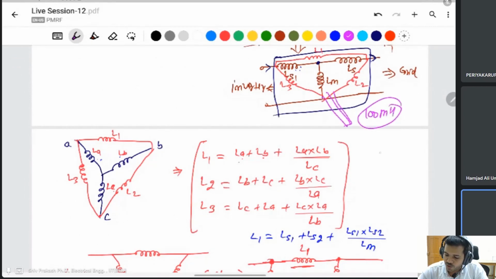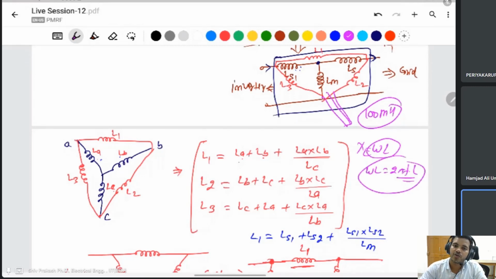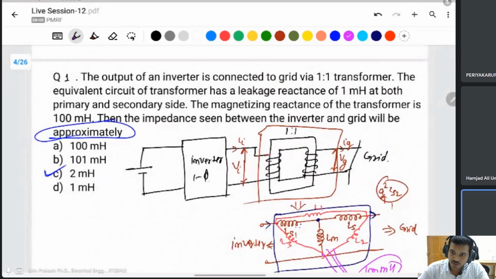XL is omega L, where omega is 2 pi f, so this is a very large impedance with respect to L1 and L2. That's why you neglect it; minimum current flows through the LM. Okay, this is the 2 millihenry.